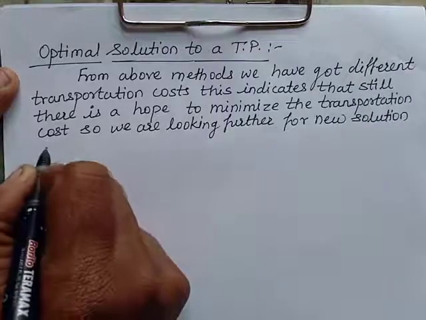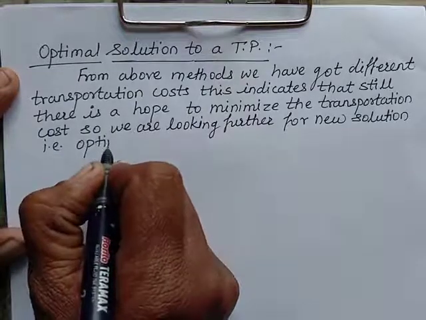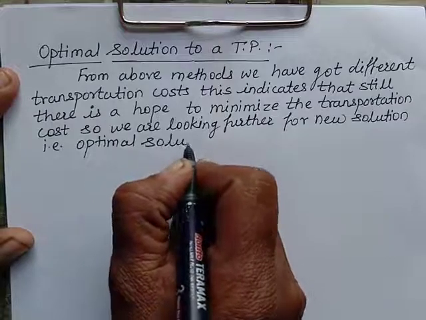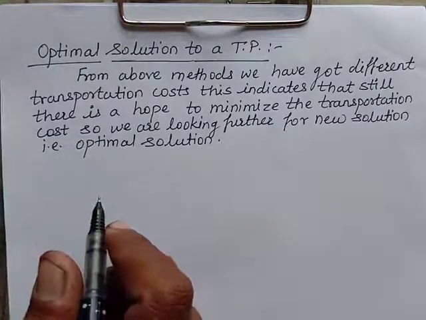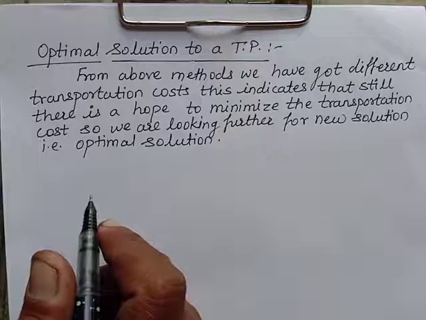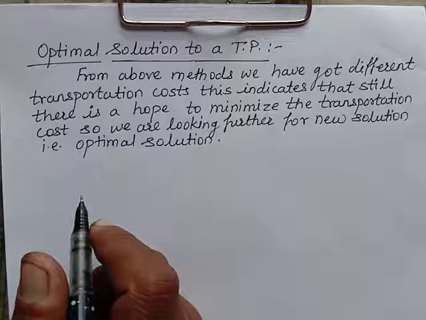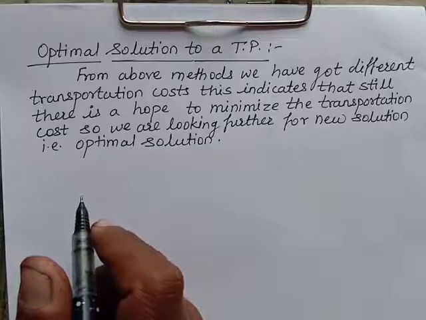Optimal solution. Now there is one method to determine the optimal solution to a transportation problem, and that method is known as modified distribution method or UV method. Modified distribution method is also known as MODI method.